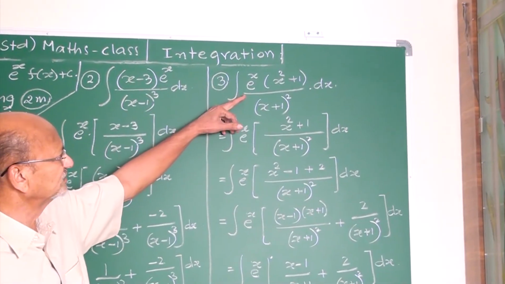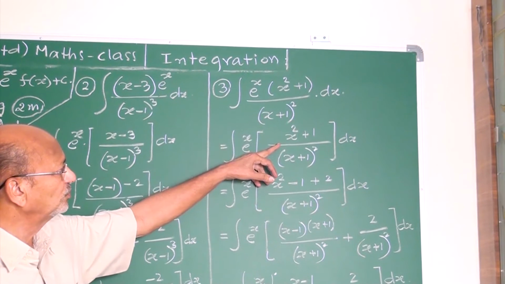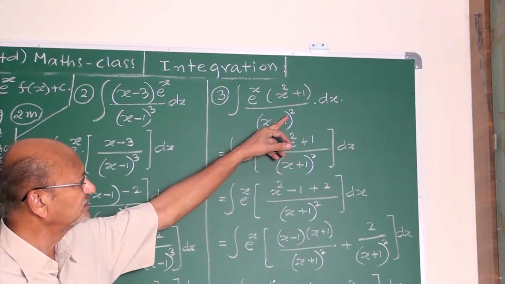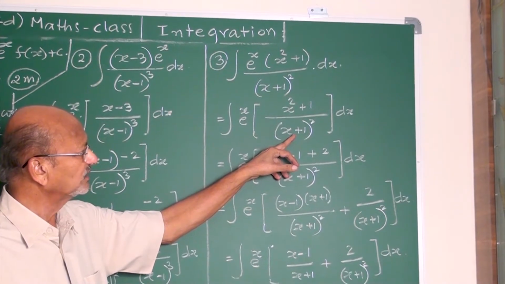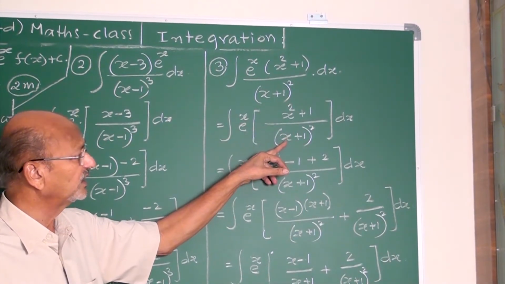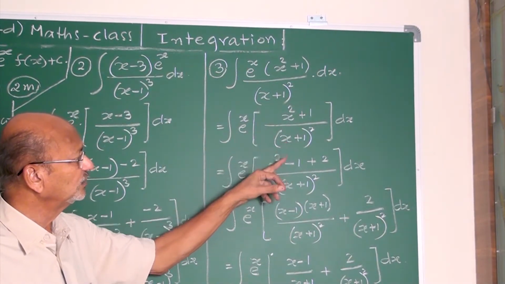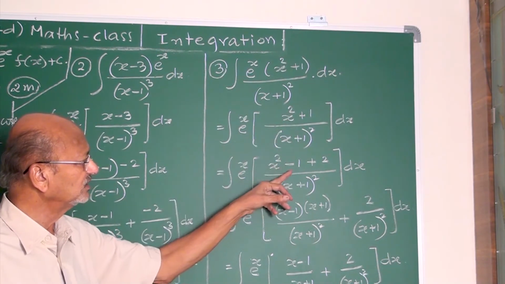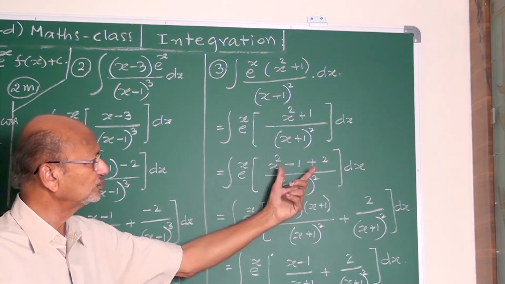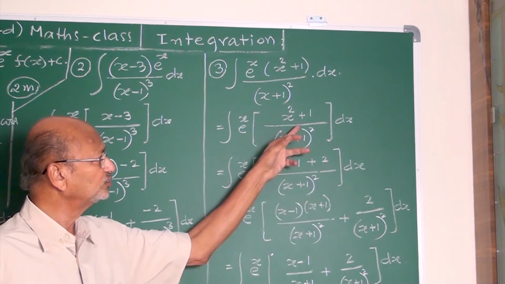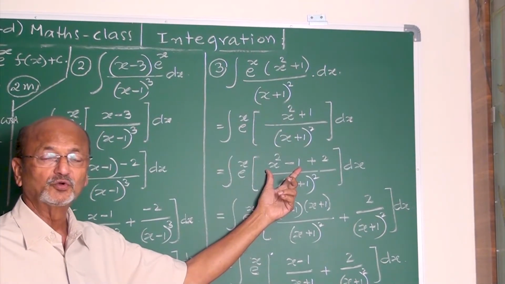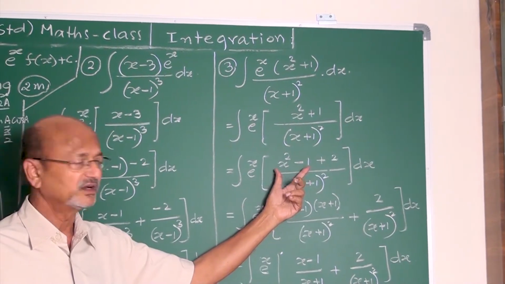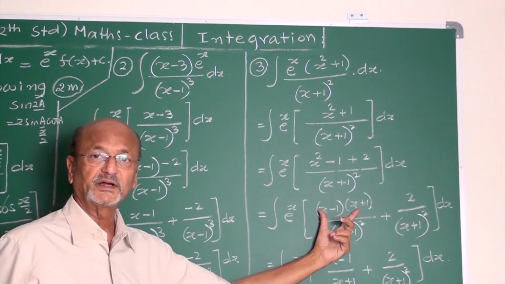Yes, my friends, this e to the power x into x square plus 1 upon x plus 1 the whole square. Yes, you wanted plus 1. X plus 1 you wanted. To get x plus 1, you must write this plus 1 as what? X square minus 1 plus 2. Minus 1 plus 2 is plus 1. Why x square minus 1? Because you know the factors of x square minus 1 as x minus 1 and x plus 1.